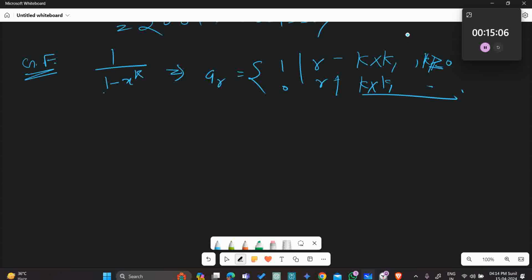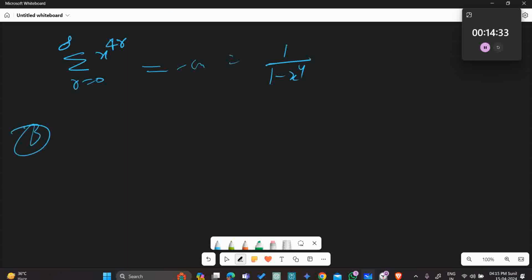Right. So next, some questions we will also discuss. Sigma r equal to 0 to infinity x to the power 4r, right? So what will be the A of x? 1 upon 1 minus x to the power 4, like this.